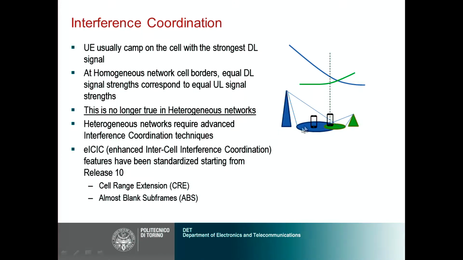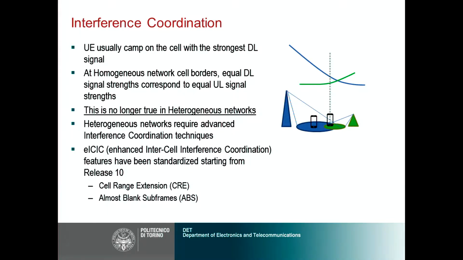But now with multi-tiering, we have even another problem. If you have a macro cell and you have a picocell nearby, then when you are on the edge of the picocell coverage, you may still be camping with the macro cell. So the edge of the picocell is really hard to define, and if you have a macro cell nearby, the edge of the picocell ends up shrinking more and more, because the macro cell is more powerful, even though the picocell has got a certain power, it can go above 100 milliwatts.